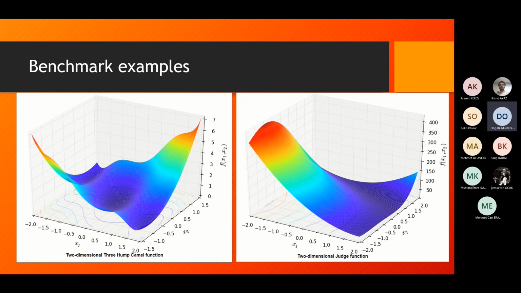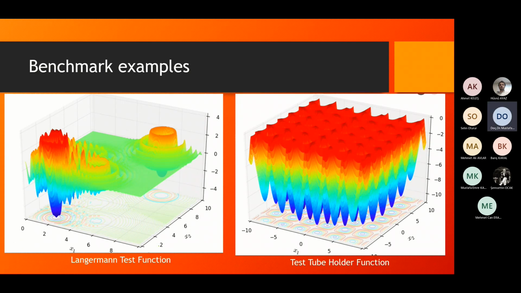Therefore, if they can find the minimum or maximum points of these functions, then we say that the algorithm can be used to solve common problems, and it's a good algorithm. So I will introduce you to the hill climbing algorithm, which is capable of solving many problems, and simulated annealing, genetic algorithm, ant colony optimization algorithm, etc. They are all proven to be able to solve complex problems such as this.